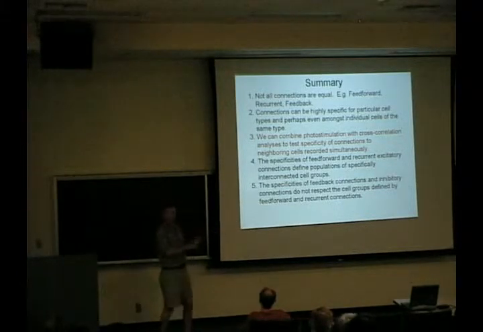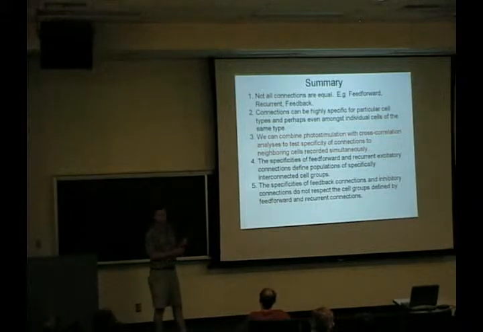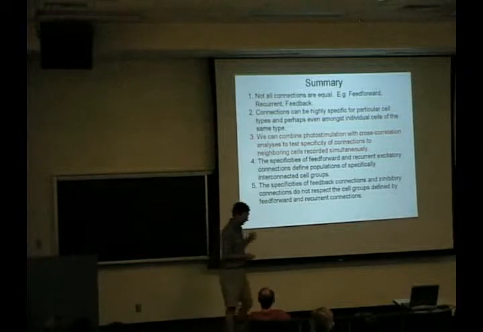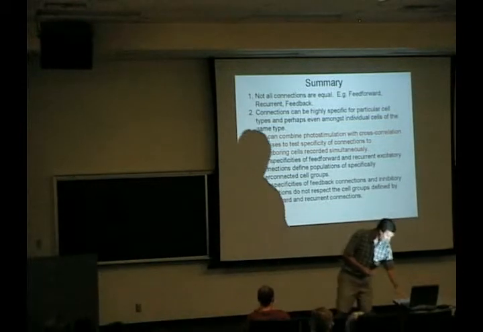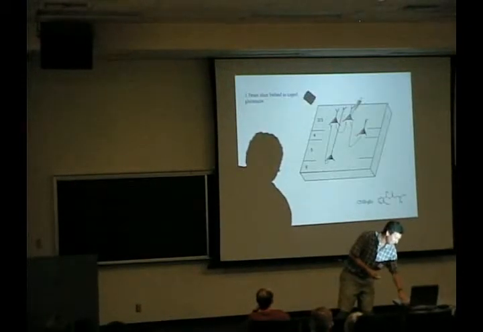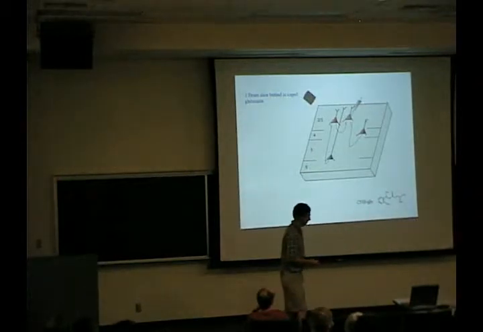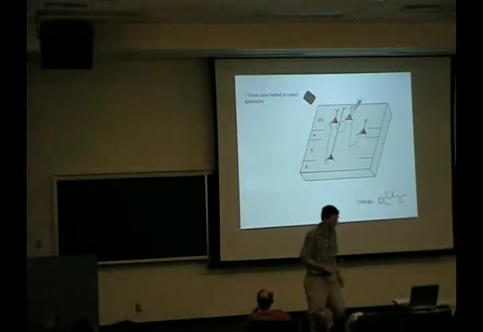But if it's 2 different cells that we're providing input to, you expect that to not be synchronous, and we can calculate what the chance level of synchrony is, as well as that which comes from the shared common input.